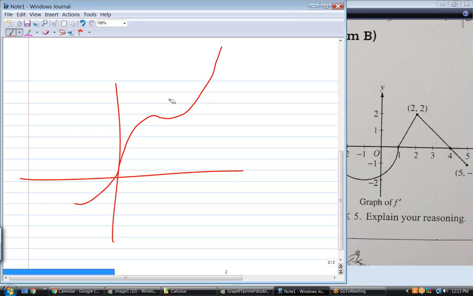I didn't draw that quite the way I wanted to. Notice that there's concavity changing there. There definitely is a point of inflection somewhere about there where the concavity goes from concave down to concave up. And what I've drawn here is the original function. This is f of x.